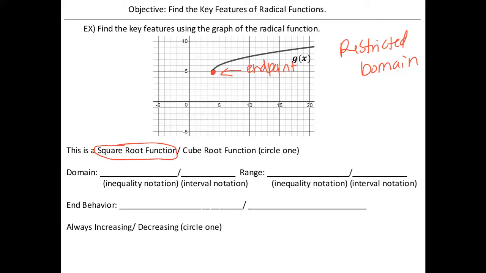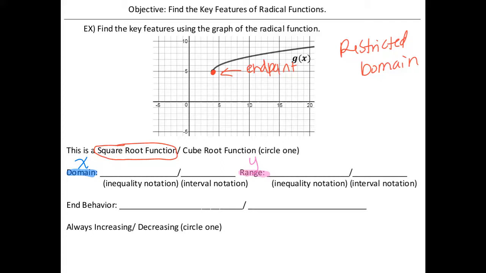All right. Now for the next parts, the domain and the range. This is where I'm going to be using highlighters here. So for the domain, I'll be using blue. And then for the range, I'll be using pink. So if you remember, domain is the x values, which means then the range is the y values, right?